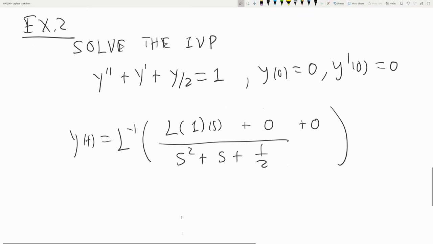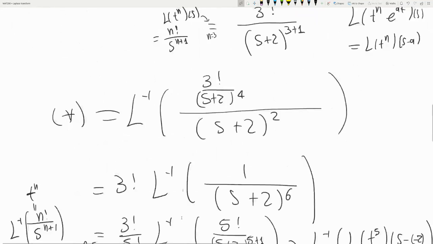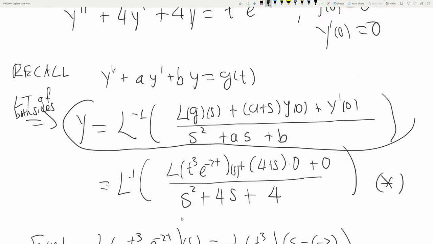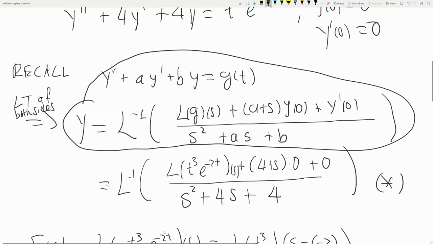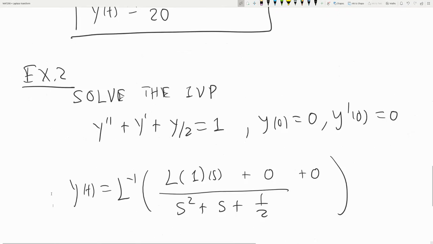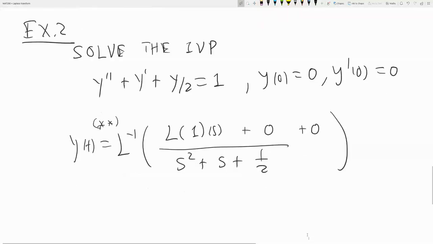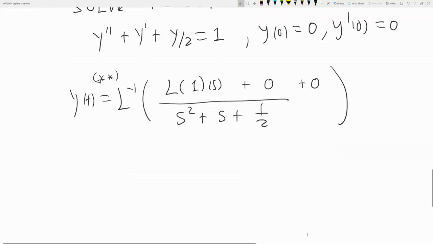So you can do that directly, just use the formula from here. So let me call it star. Okay. All right. So the tricky part for this is that this guy has only complex roots.